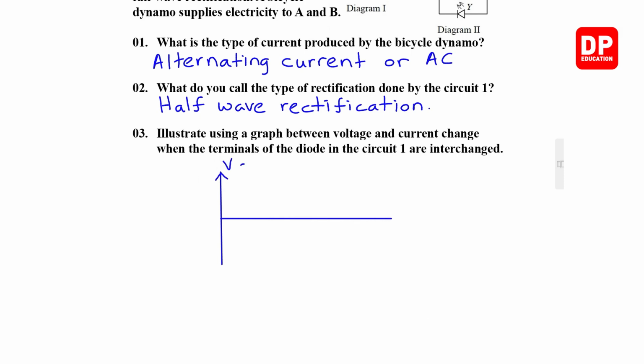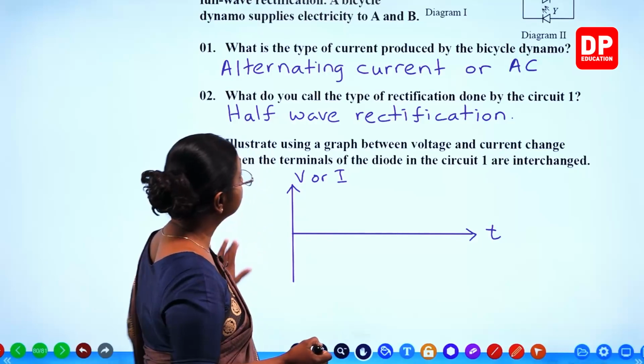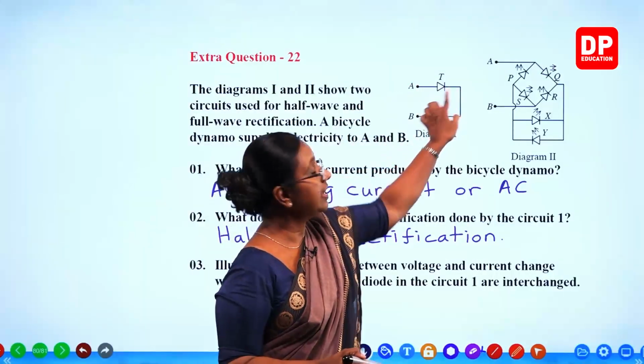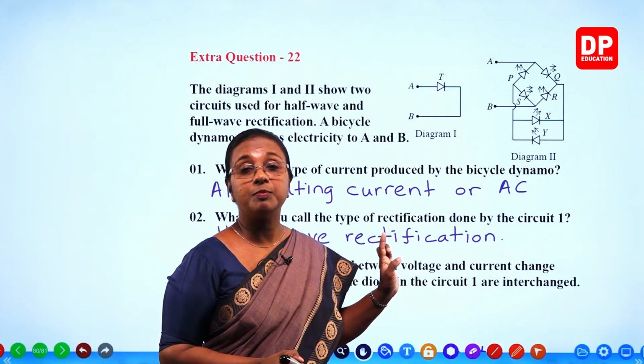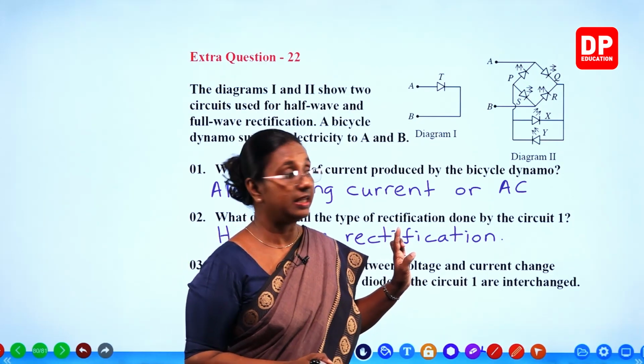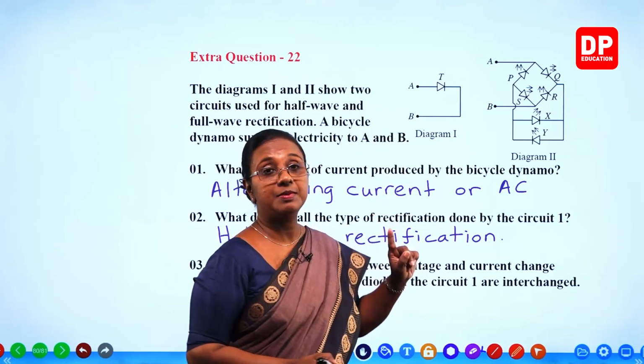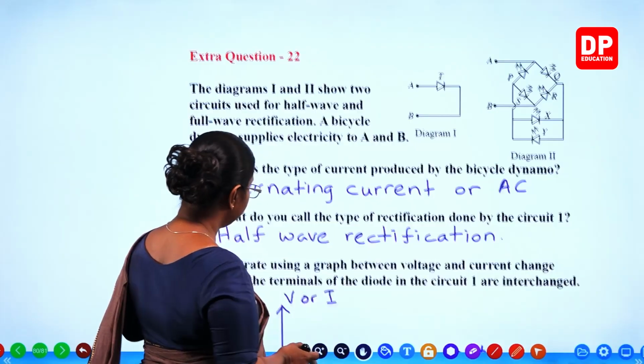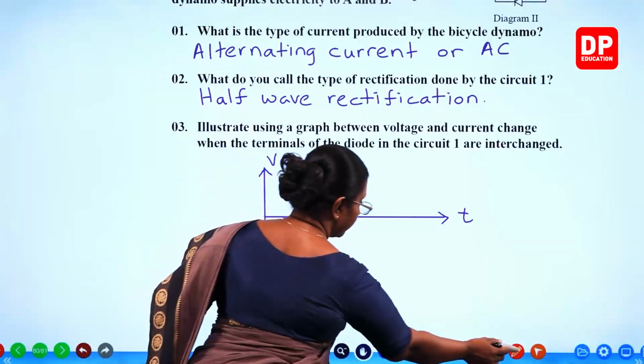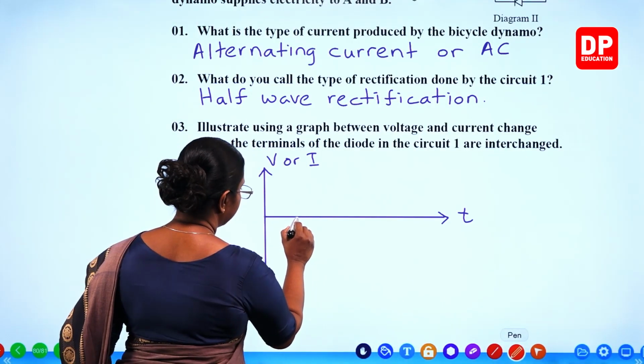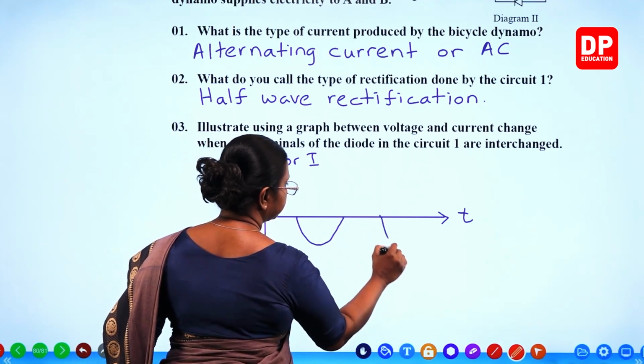So, this is either voltage or current, and that is going to be time. Now, if it was like in this diagram, this way is the positive cycle, the positive half cycles of the alternating current. If we change the terminal, it will be the negative half cycles. So here it's going to be like that.